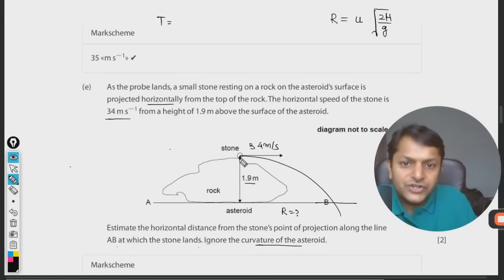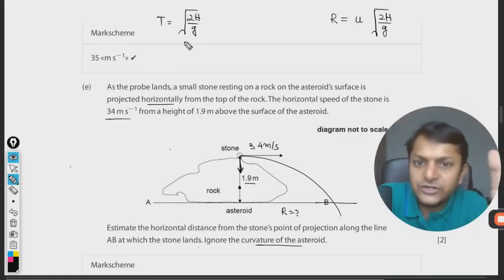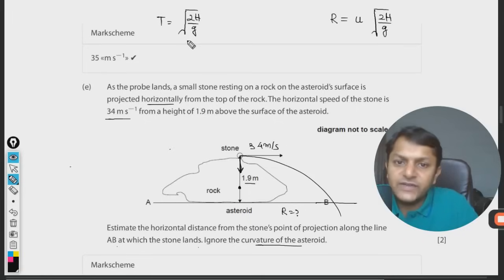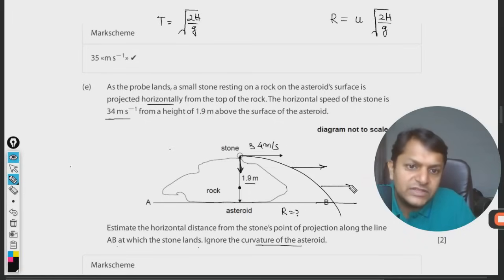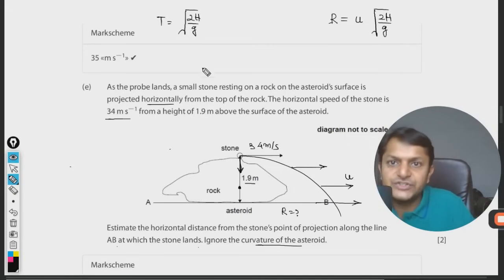So we would be considering only the vertical motion for the time, and the time period will come out to be root of 2h by g. So I'm not deriving this formula. You can just apply the SUVAT equation here, okay? So the time is given as this, and the range is like, because the body is always moving with the same speed, that is u. So the range will be given as u into root of 2h by g. Okay, that is the range.